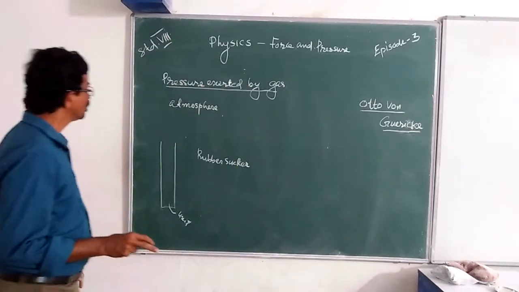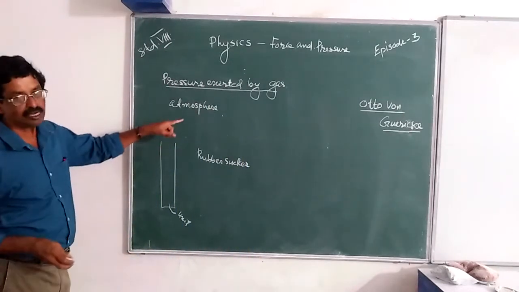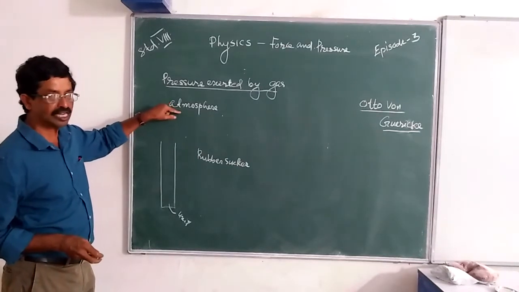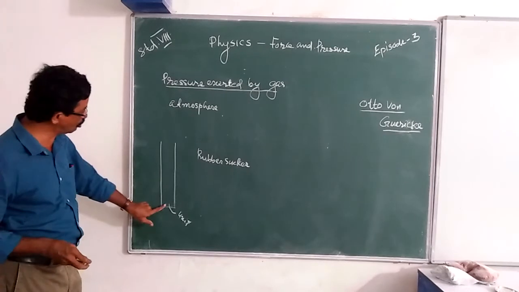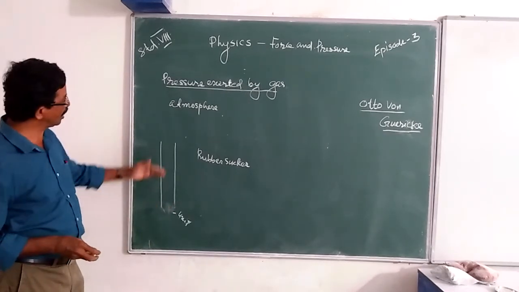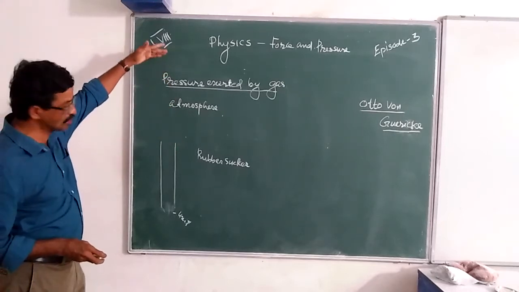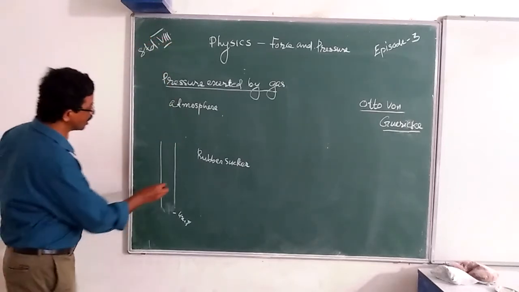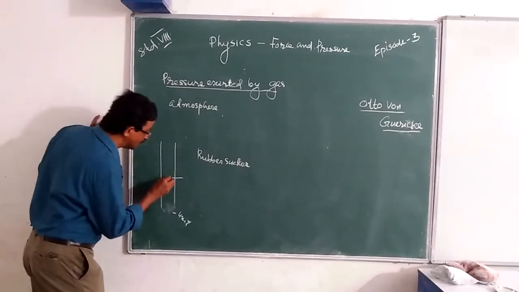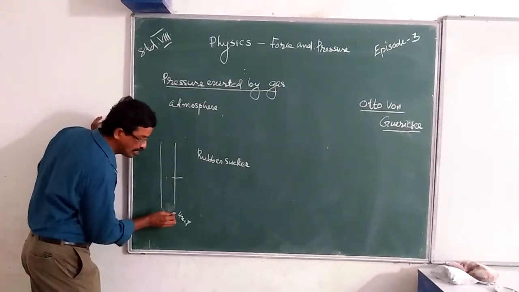Now you see, we know pressure is actually force acting per unit area. Take a very long tube of unit area. How much is the weight of the air inside that tube of unit area?